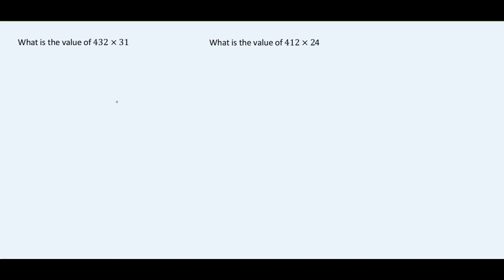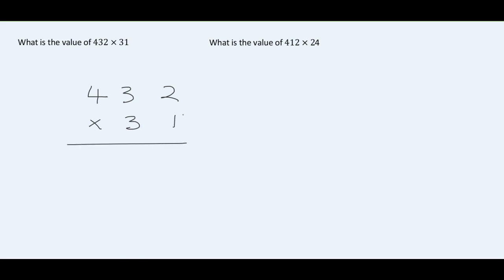Let's try 3-digit numbers by 2-digit numbers. This method is going to be the same. The only difference is you just do it more times. So let's look at 432 multiplied by 31.